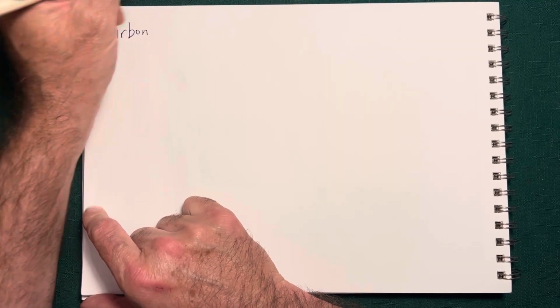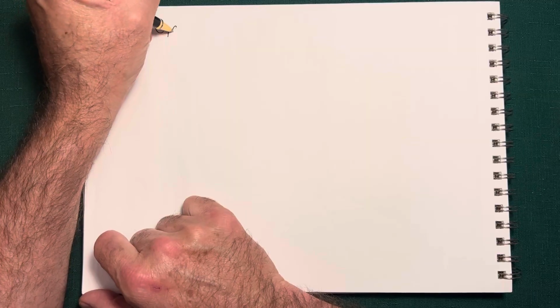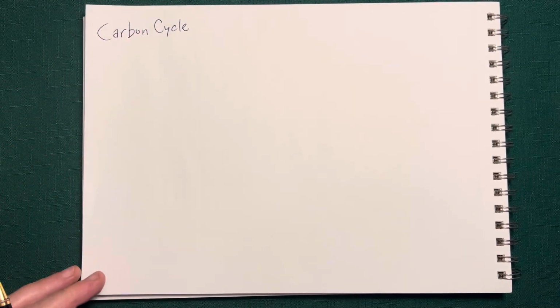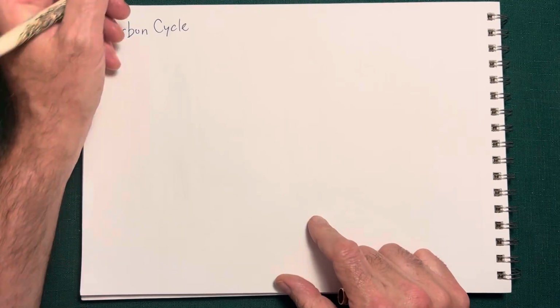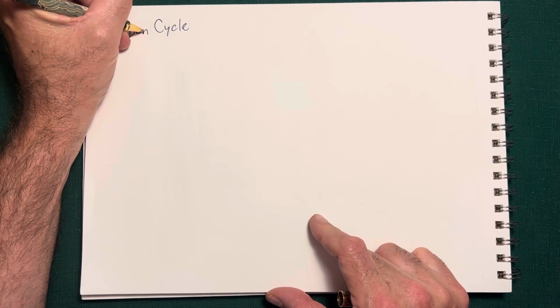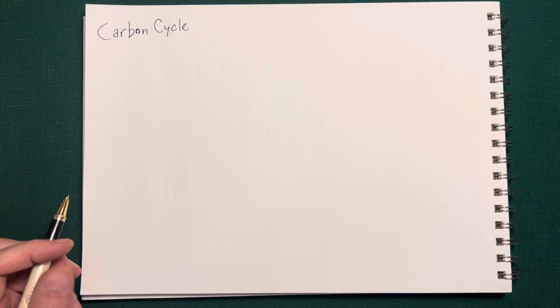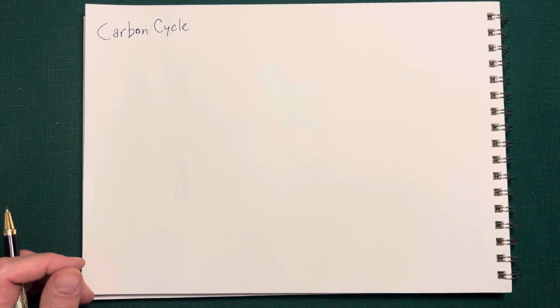In this video, I'm going to be drawing a rather simplified version of the carbon cycle. So carbon is, of course, the stuff of life, the most important element for building large biological molecules.